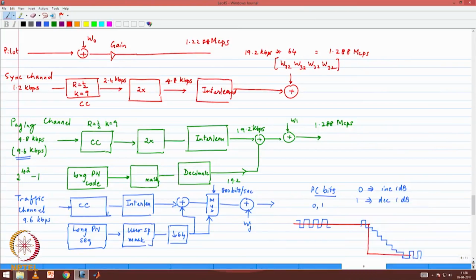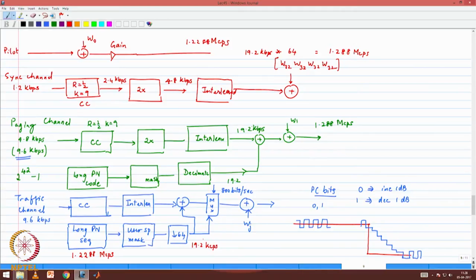Now if you go back and look at this information, hopefully it is useful, and these numbers are also important. If you go along this branch, this is being generated at 1.2288 mega chips per second. When you downsample it by 64, you get 19.2 kilo chips per second, KCPS, I shouldn't write bits.